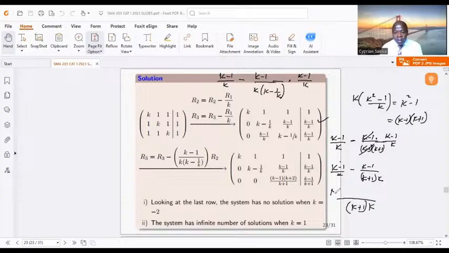So you get k minus 1 multiplied by k plus 1, then minus k minus 1. It's good to make good use of these brackets, because if you don't use brackets properly, then this minus will lose it. Now, you realize that this element here and this element are the same, so you can factor out.